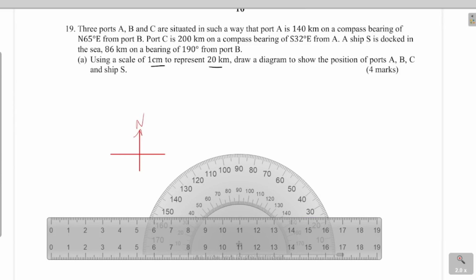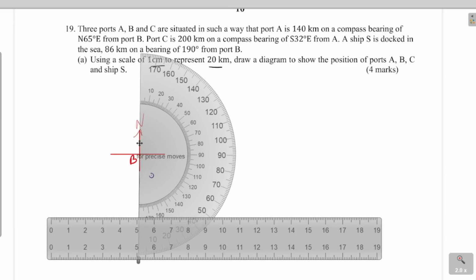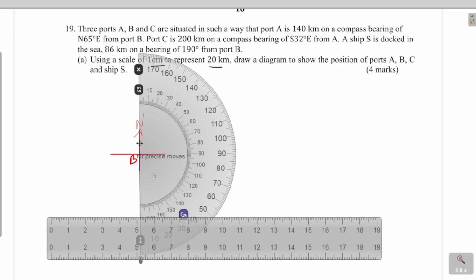So this will be point B at the center here. From that point, A is north 65 degrees from B. So we shall measure north 65 degrees. The best way to do this, because you measure the angle from the north, is to place the protractor like that, and from here we have 0, then 65 will be here.